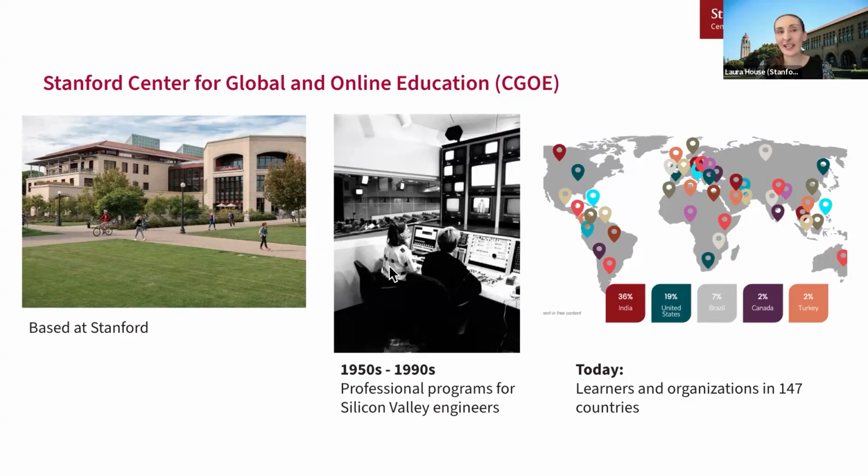Fast forwarding to today, we serve learners and organizations all around the world on a variety of topics. But throughout our history, our mandate has stayed the same, and that is to bring Stanford knowledge and education to those who, for a variety of reasons, are not able to come and study in residence here at Stanford.